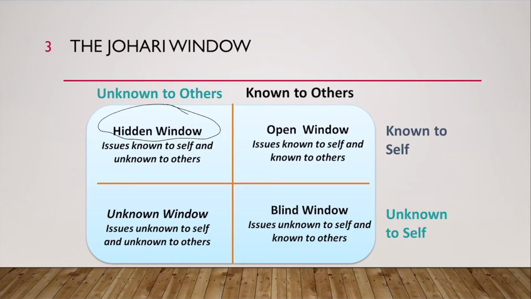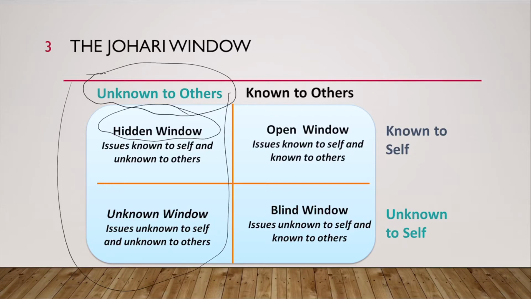It's very important to understand this when it comes to leadership, because I had to learn the hard way several times. You need to be transparent if you're going to be a leader, as transparent as you can. The less you communicate to the people, the more apprehensive and distrustful they're going to be. And this is what they're talking about here. This is unknown to others, this quadrant right here.